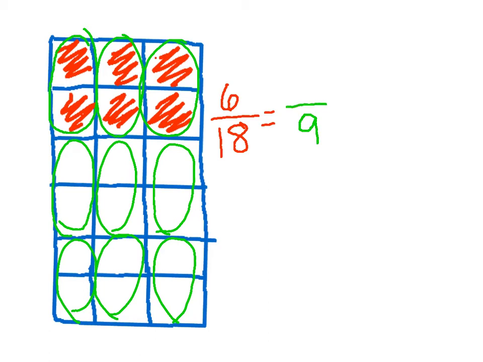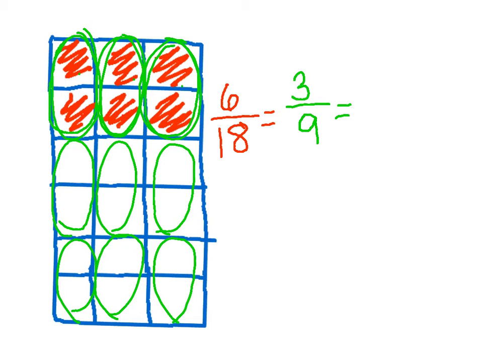That's my denominator. And I need to figure out my numerator. I'm going to look back up at my red and figure out how many of the groups are shaded. How many lassoed parts are shaded? 1, 2, 3. I don't count 6 because I have to count the whole group as being shaded. So that would be 3 parts shaded. This tells us that 6/18 is equal to 3/9.